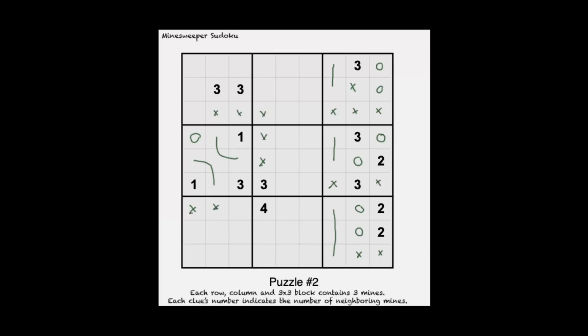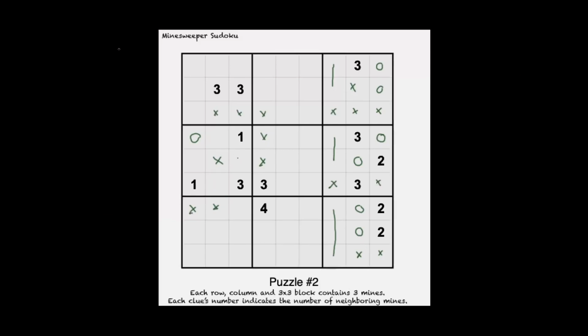Also, I can see that I can't put a mine in the center square here, because if I did, it would finish both of the 1s, and then we wouldn't have room for a 3rd mine. So we can rule that out. I'm going to go ahead and erase the little marks I made because they're not really buying me much at this point. So that's what we've got.